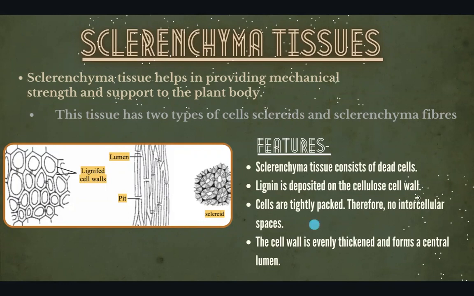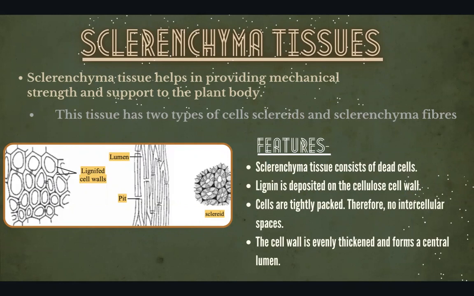Features. Here, the main feature is dead cells. In the two simple permanent tissues before, we learned that both of them consist of living cells. Here, lignin is deposited on the cellulose cell wall. We didn't see that in the two previous tissues, so this is another fact that can differentiate it from the other two types of tissues.